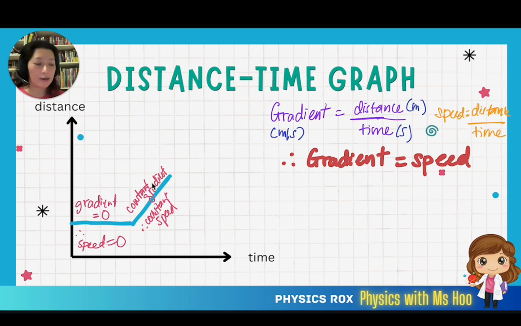Now, if you get a graph where the section has a changing gradient, that means changing speed. So if you look, it should make sense, right? Because initially the distance doesn't change very much, but then the distance starts changing at an exponential rate. This section shows us an increasing gradient value. So that means the speed is increasing.